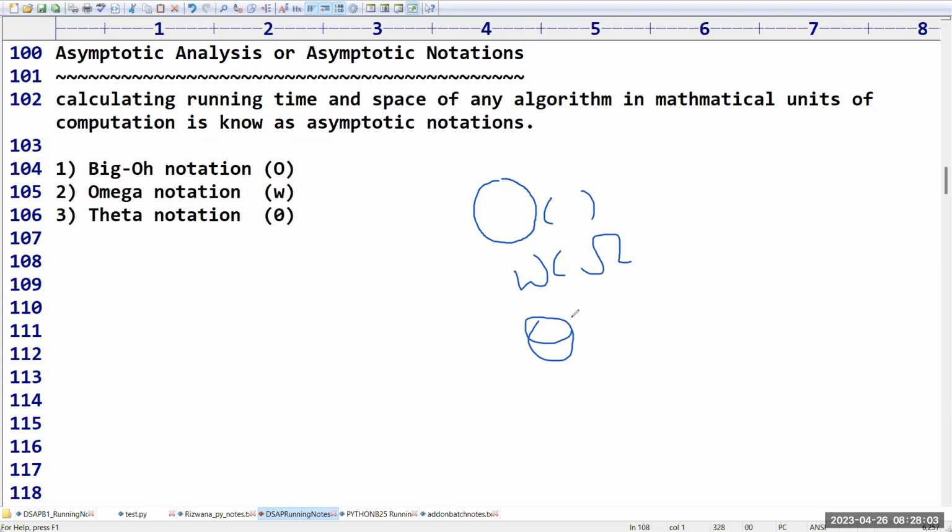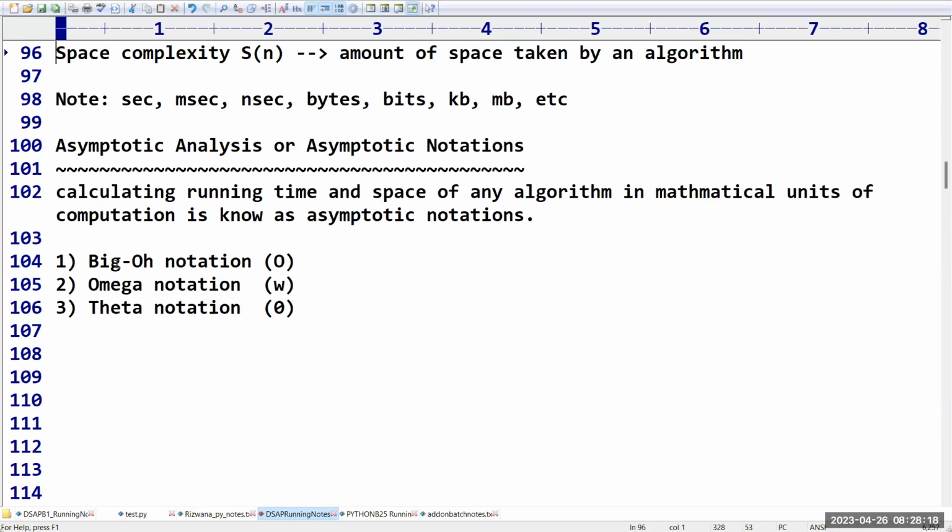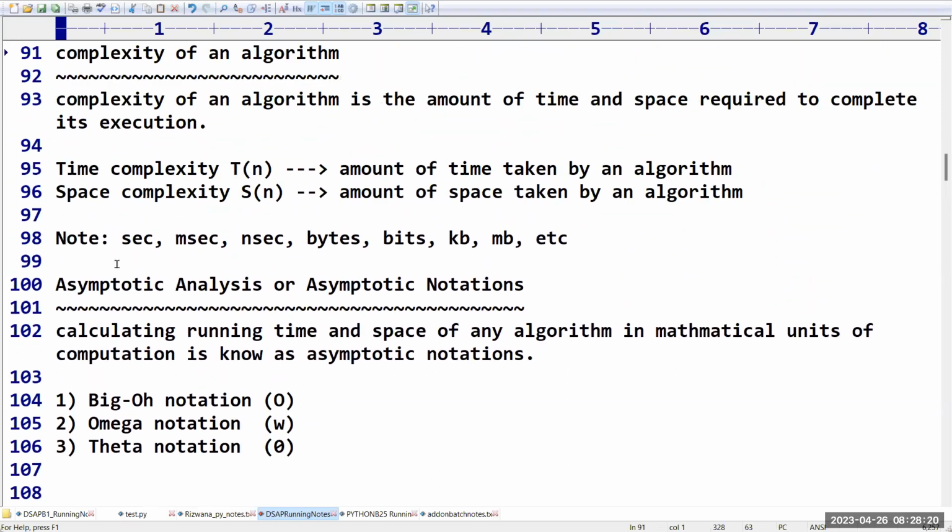There is a mathematical theory for this, but as of now I am not going to cover that. We will see it at the end of chapter 1. I think what asymptotic notations are, what complexity is, and how you can calculate the complexity of an algorithm are very clear for you, right?